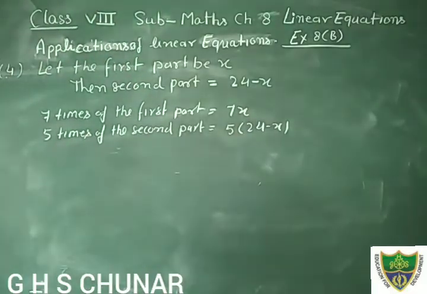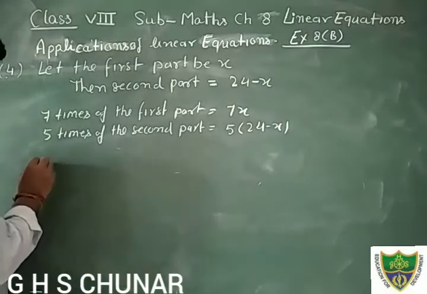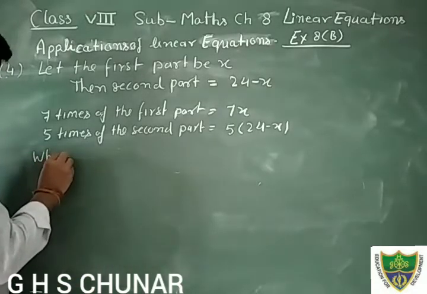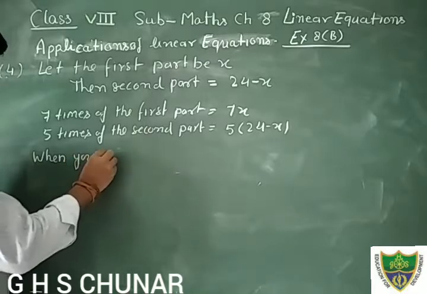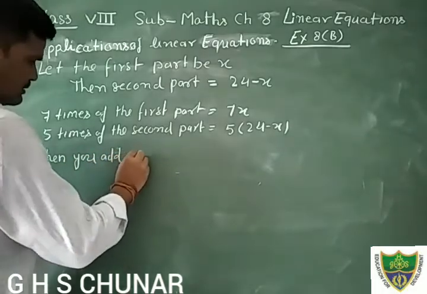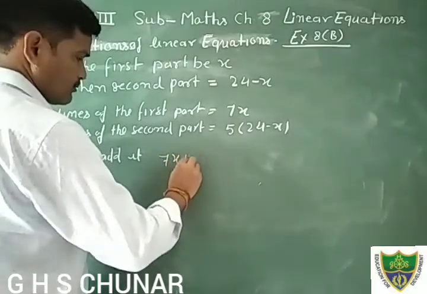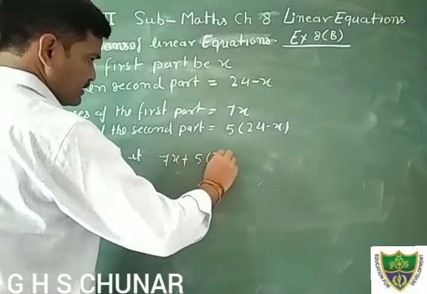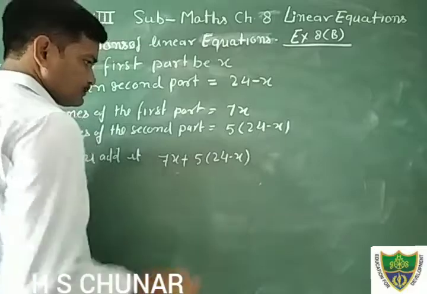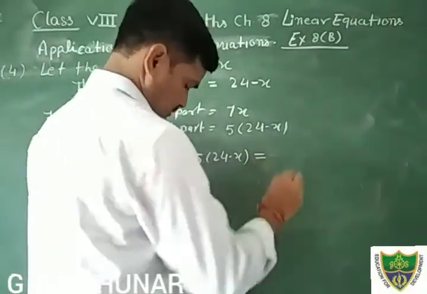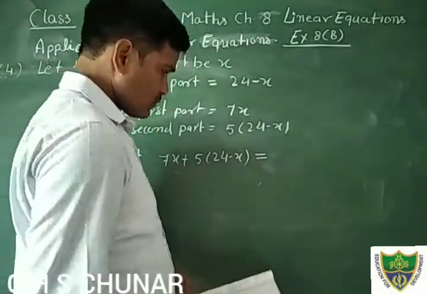Now, when you add it, that is 7x plus 5 into 24 minus x, it makes 146.